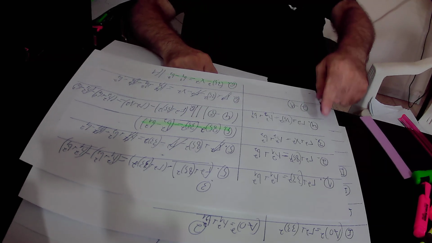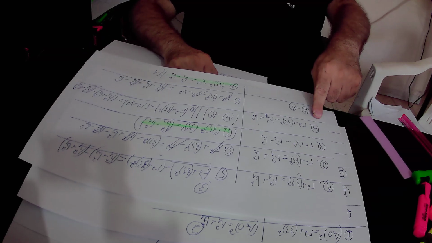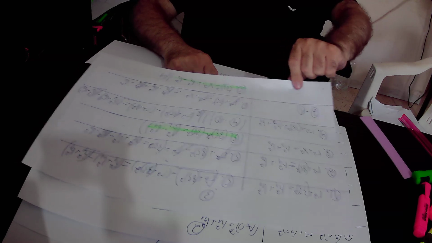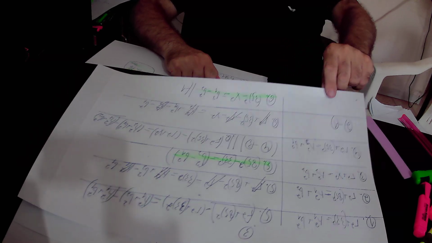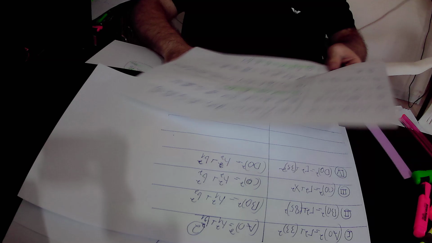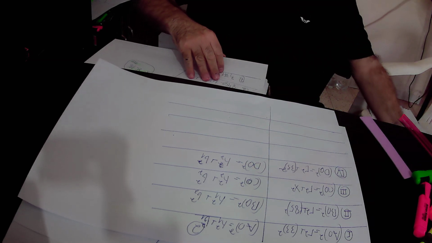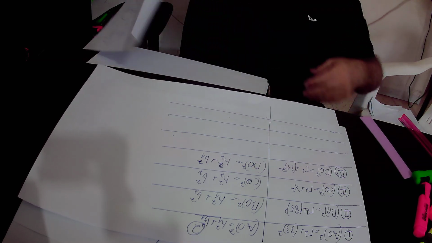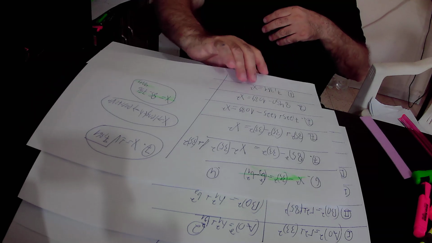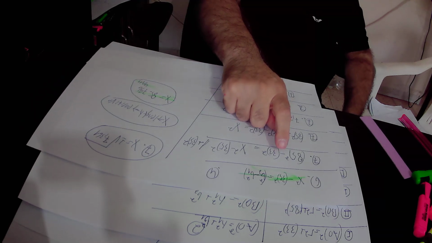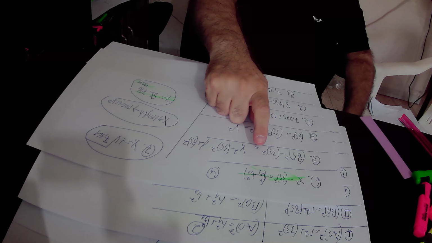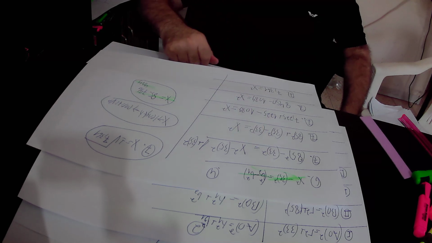Then we subtracted equation number 3 from equation number 4. We got equation number 6. And according to equation number 6, we found out that x square minus 35 square equals b2 square minus b1 square.